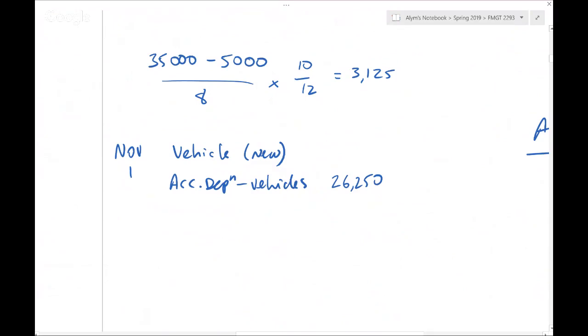Okay, what else do we know? Well, we know we're going to credit the old vehicle account, and that was for $35,000. The amount of cash we paid was $36,000, and that was given to us in the question.